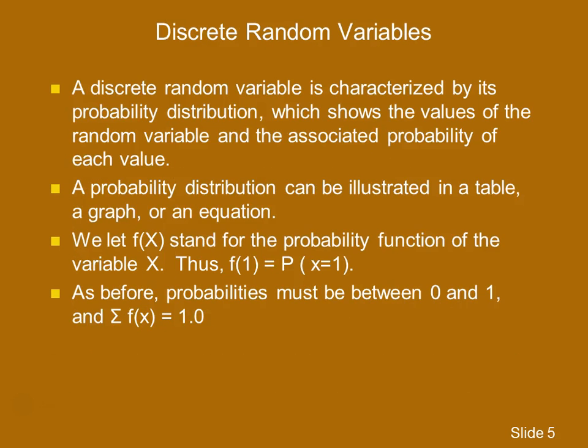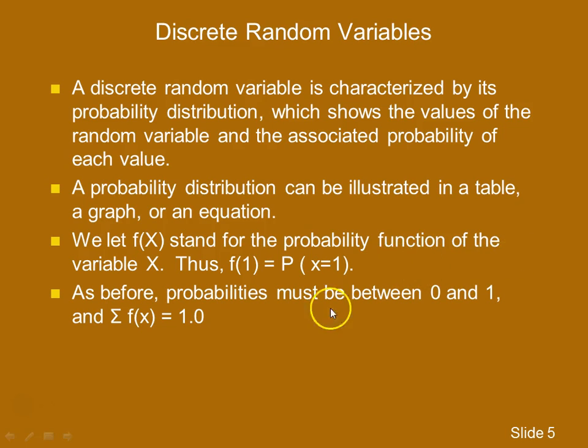A discrete random variable is said to be characterized by its probability distribution. A probability distribution is going to show the values of the random variable and the associated probability of each value. There's a variety of ways to do this. We can use a table to illustrate a probability distribution. In some cases, we can use a graph or an equation. We're going to switch over to functional notation now. We're going to let the symbol f of x stand for the probability function of the variable x.